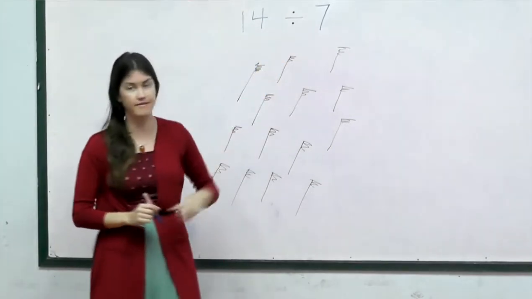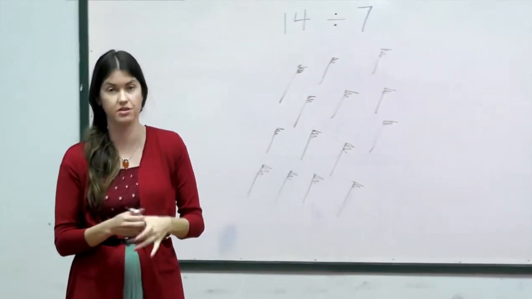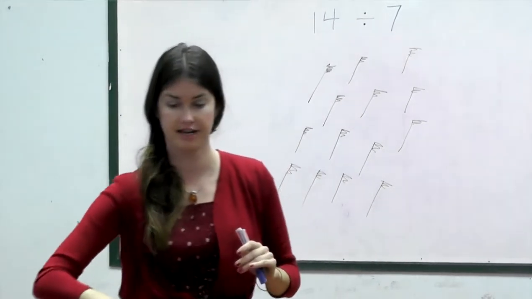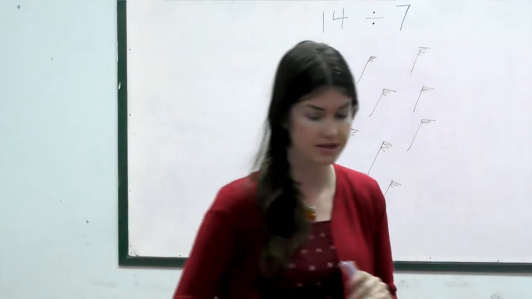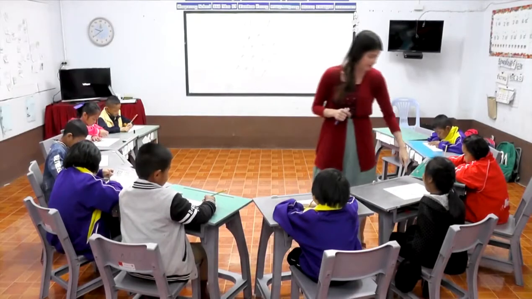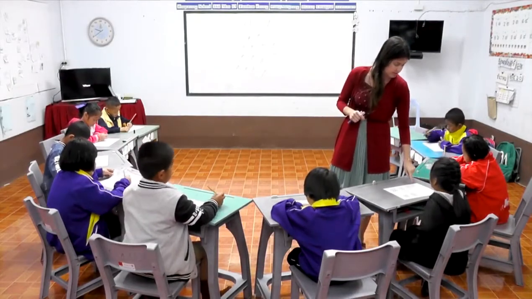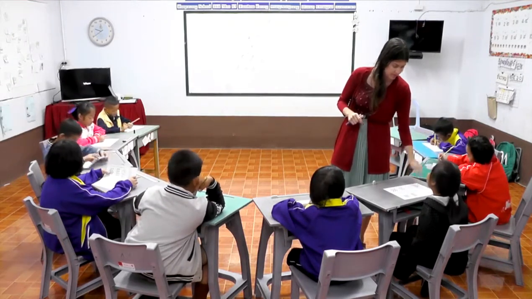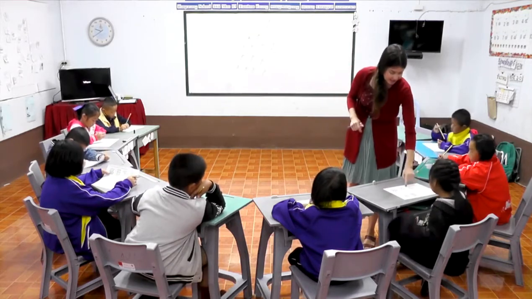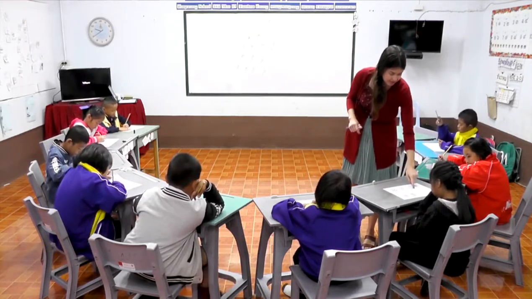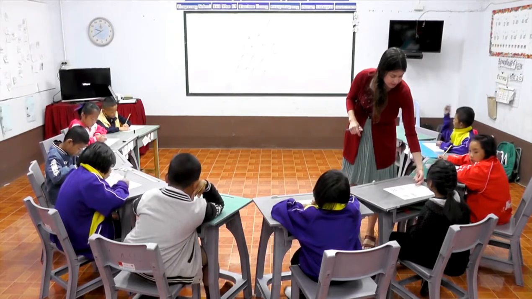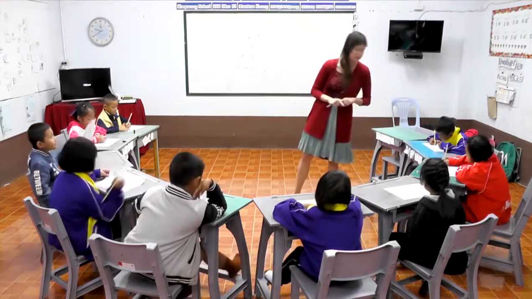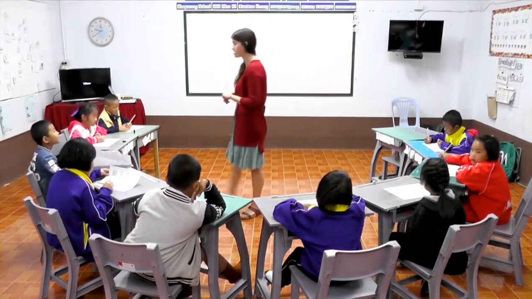Divided by 7 groups, because our other picture shows that there's 1, 2, 3, 4, 5, 6, 7 groups. And inside every one of those groups, we have 1, 2. So 14, all of these toothbrushes, divided by 7 equals 2. 14 divided by 7 equals 2.